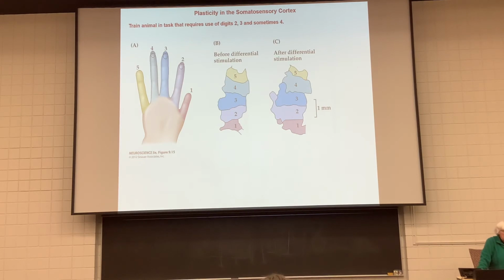And a little bit for 4. So there is plasticity. Probably a lot of that plasticity has to do with spines growing on dendrites, more dendrites being produced, more synapses in response to that training. So our cortex can change, and if you never use your hand, those areas are going to stay pretty small.